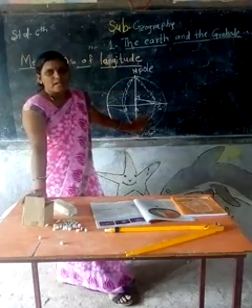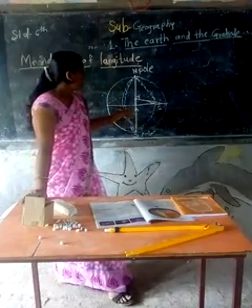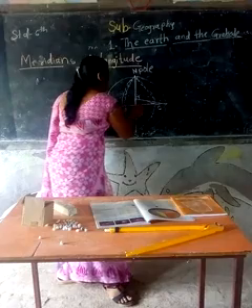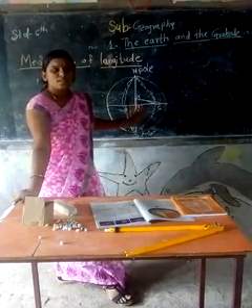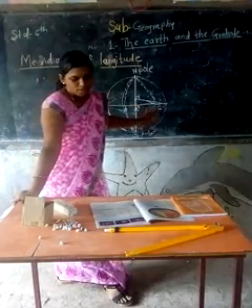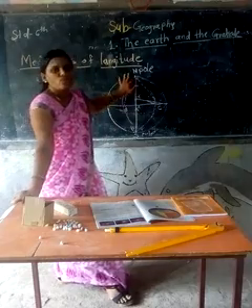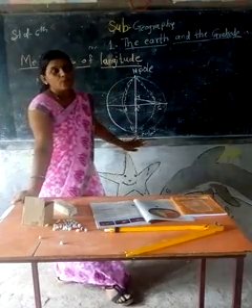Same activity here, and lastly we draw a line through point A. These points also join the north pole and south pole.